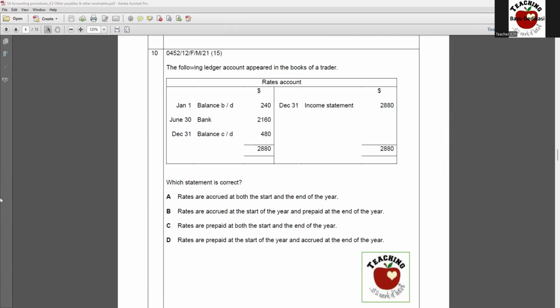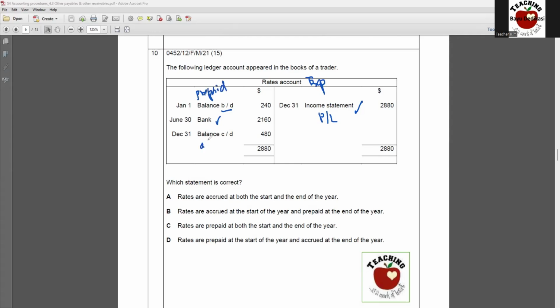Question 10. Which statement is correct? This is the expenses account, with bank on the debit side and the income statement, profit or loss, on the credit side. Balance BD on the debit means this is a prepaid expense.